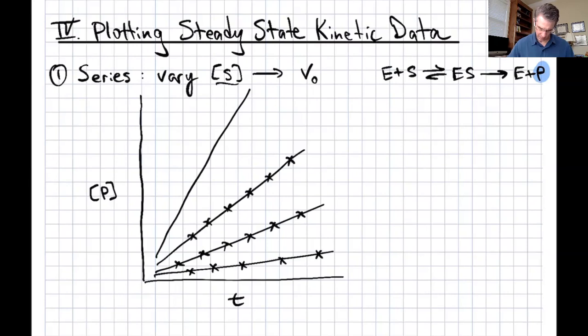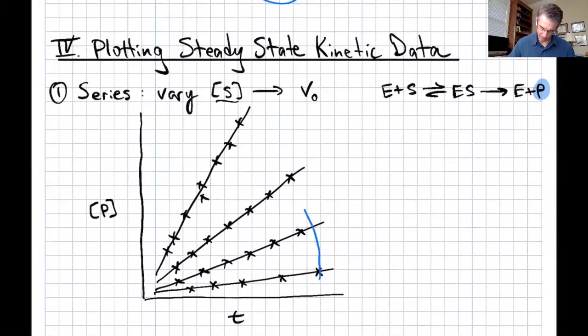You're looking at the production of your product as a function of time, right? And you better get a family of straight lines that look something like this, right? Where, going in this direction, the concentration of our substrate is increasing, right?